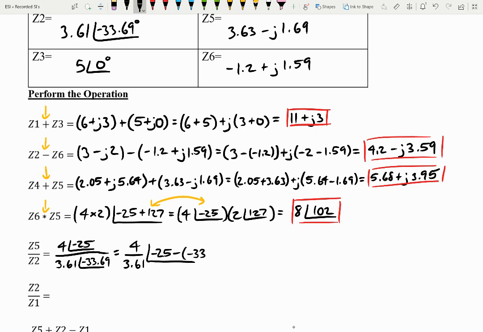So negative 25 minus negative 33.69. So 4 divided by 3.61 will give us 1.12, and the angle will be 8.69. Yep. There we go.